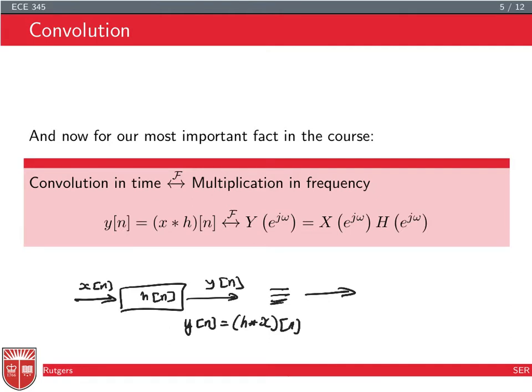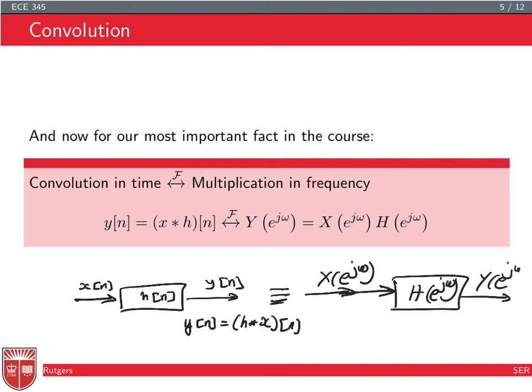In the frequency domain, the signal has the following DTFT, and this is the frequency response of the system, and the output is Y(e^{jω}), which is equal to X(e^{jω}) times H(e^{jω}).